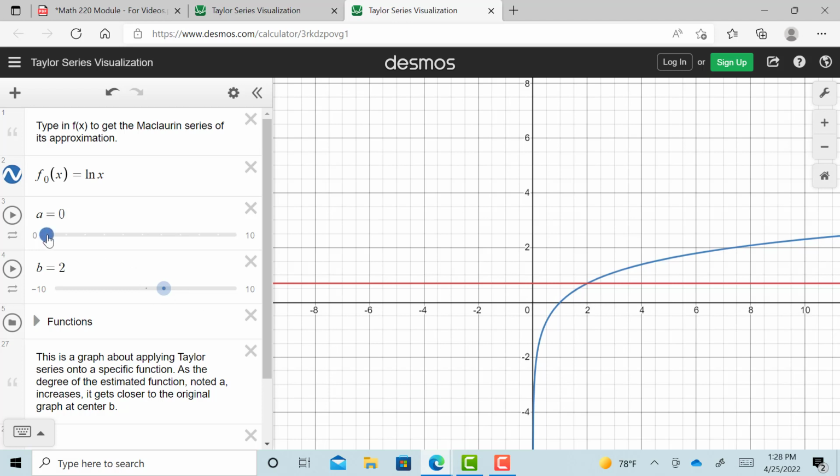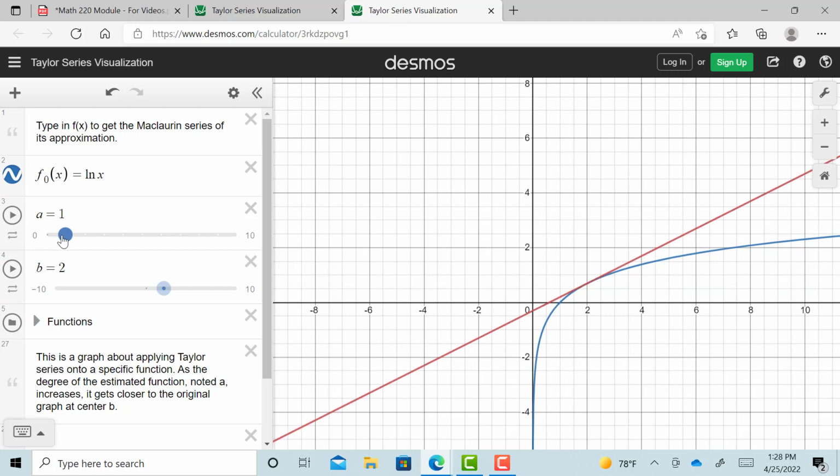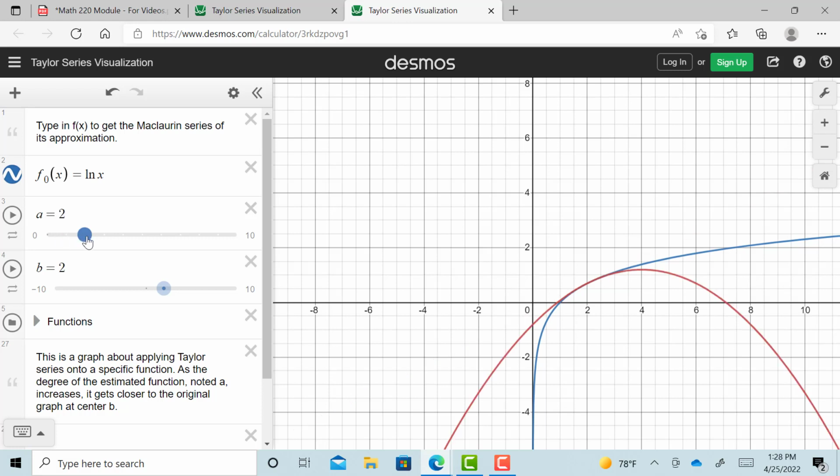So as I slide this A, you should see that red curve starting to look like the blue curve, but it won't look like it outside of 4 or 0. So look at this. It's starting to match pretty good. But as soon as you get to 4 and 0, it starts to diverge, right? So it only converges between 0 and 4.